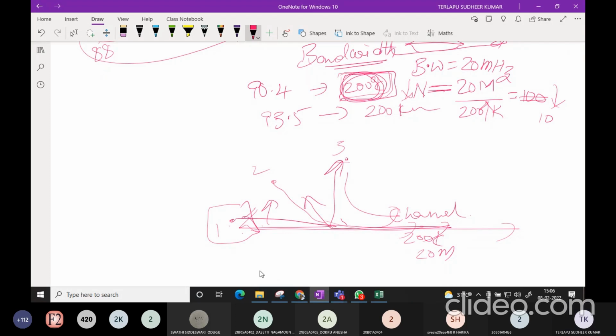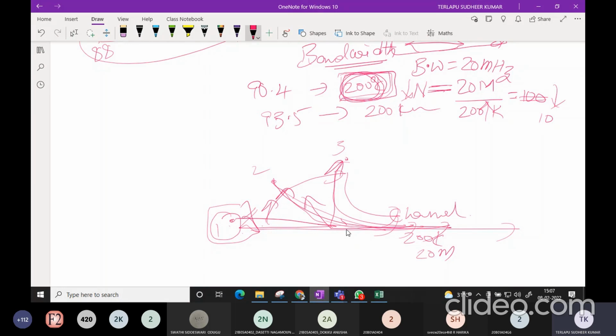After your turn, the switch moves to the second user. He also can transmit all the frequency, infinite bandwidth. Then the switch is moved to user 3. He can transmit all the frequency. The advantage here is you can transmit infinite bandwidth.